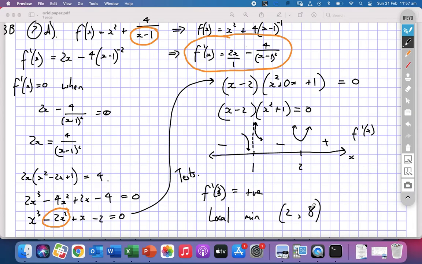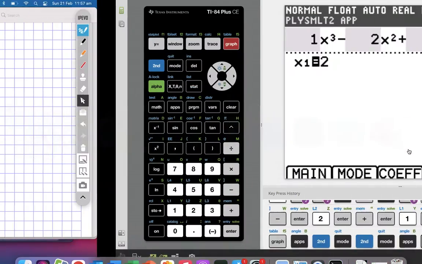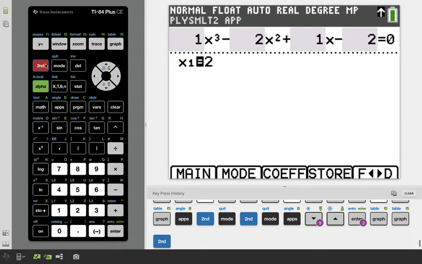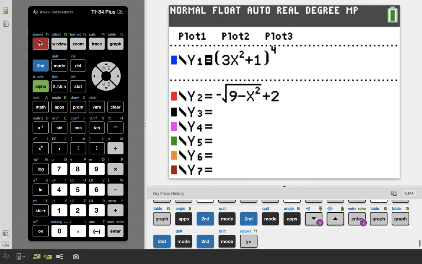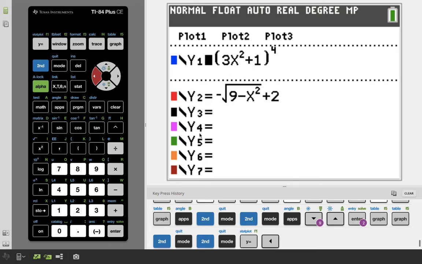Let's just actually go to Desmos and check this. In a test, you'd need to use your calculator. Maybe I should do it how you'd have to do it. X squared plus 4 divide x minus 1. Right, x squared plus 4 divide x minus 1. X squared plus, well, there's the other function from that other question we did.